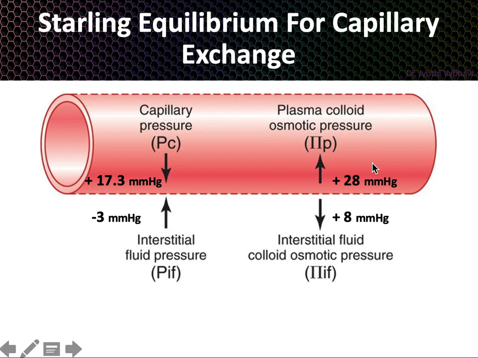Starling pointed out more than a century ago that under normal conditions, a state of equilibrium exists in most of the capillaries. That is, the amount of fluid filtering outward from the arterial end is almost the same as the reabsorption at the venous end. This happens in almost all the tissues.